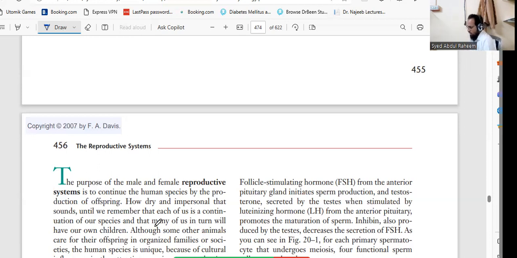Because when you have a son or a daughter, a girl or a boy, they will support you in your work, in your life, in everything.